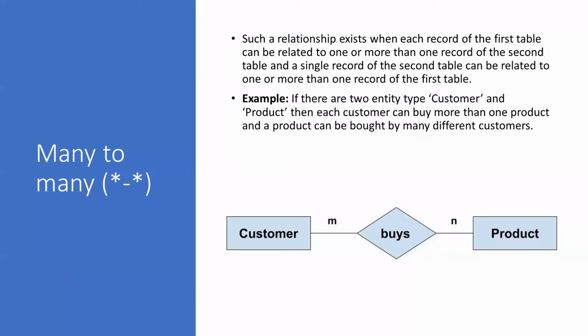Going by definition, such a relationship exists when each record of the first table can be related to one or more records of the second table, and a single record of the second table can be related to one or more records of the first table. And we have already provided the example. So this was just the basics of how we need to understand how relationships work, what relationships are, and what the different kinds of relationships are.